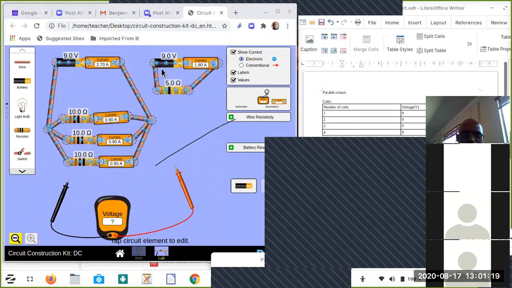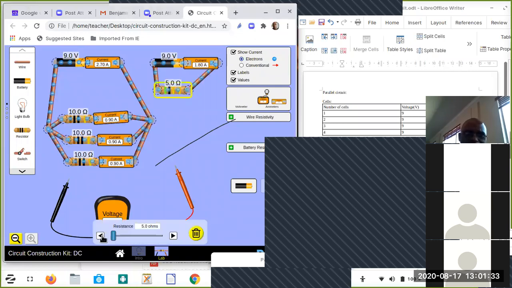So let's check now. What is going to be the total resistance if 3 resistors are connected parallel to each other? I'm going to lower the resistance. 4.5. Is it going to be 4.5? Yes. Now it's 4, right?